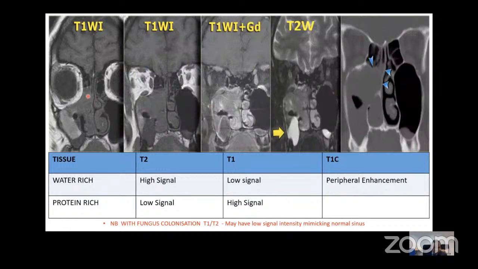In a T1, the mass will appear darkish. The thick proteinaceous secretions, the inspissated secretions, will be very bright. On the other hand, if you look at a T2, if the sinus is blocked with just fluid, which is not very proteinaceous, it will appear very bright, similar to the CSF fluid.